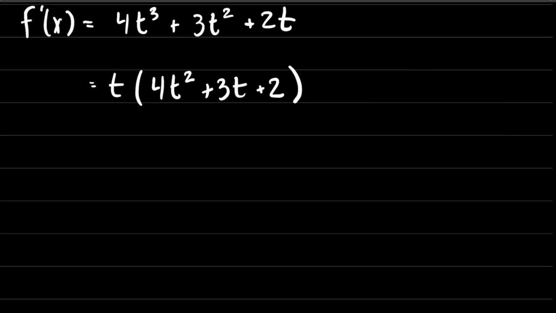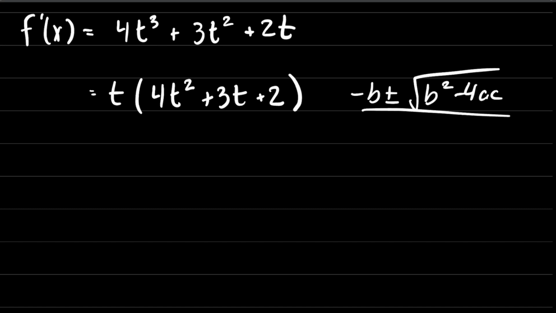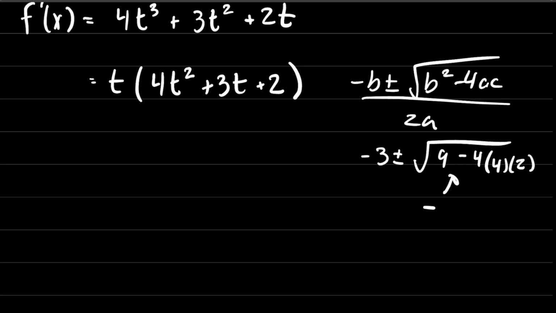So instead, we want to look at our handy dandy quadratic formula: negative b plus or minus the square root of b squared minus 4ac, over 2a, which gives us negative 3 plus or minus the square root of 9 minus 4 times 4 times 2. This ends up being the square root of a negative number, which is not possible, because you cannot have a negative square root.